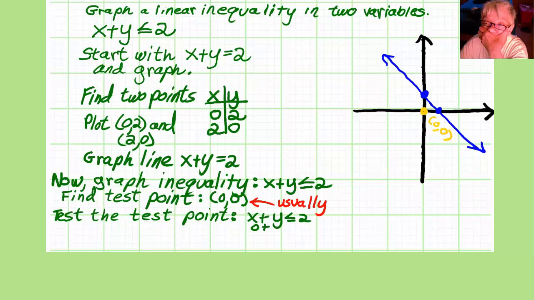So we'll take the 0 x-coordinate, put it in the x, the 0 y-coordinate, put it in the y, and we discover that 0 is less than or equal to 2, which is true. So we are now going to shade the true side of the line.